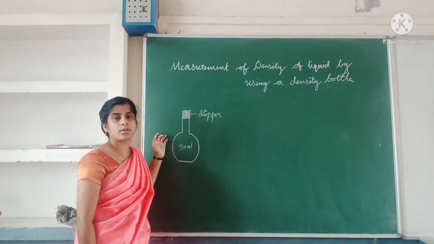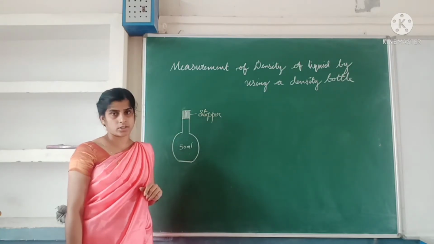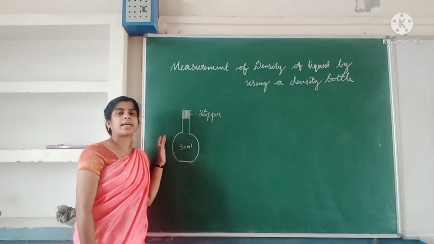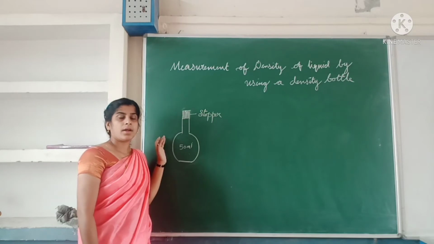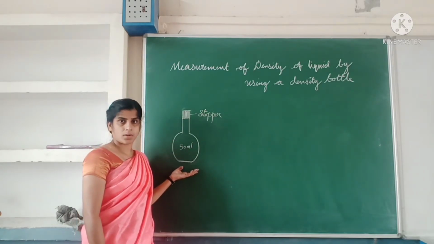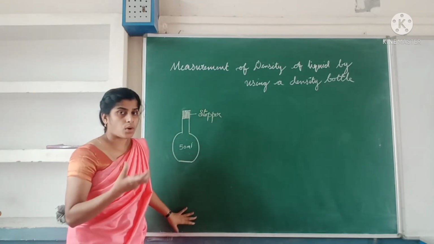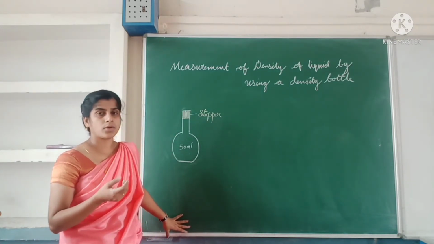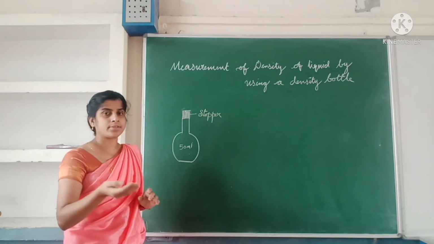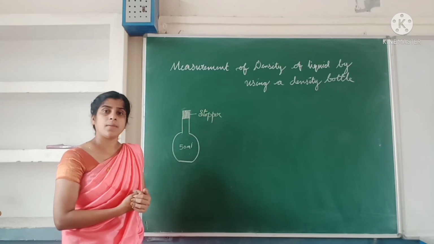Next, fill the density bottle with distilled water and insert the stopper, then wipe the bottle dry from outside. Now find the mass with the physical balance.